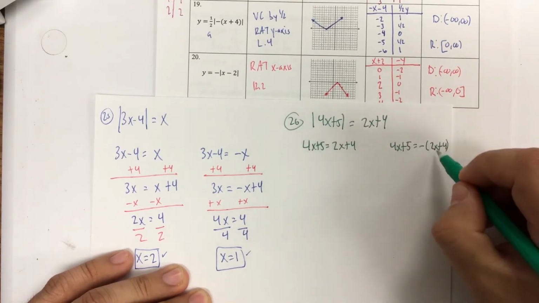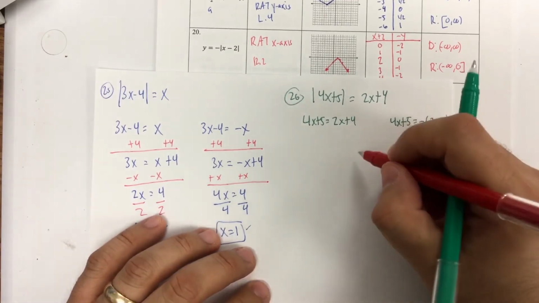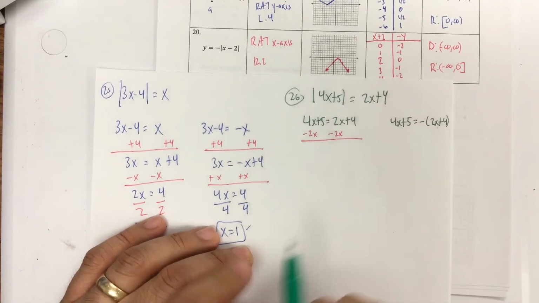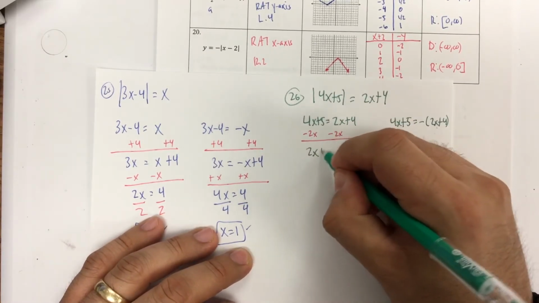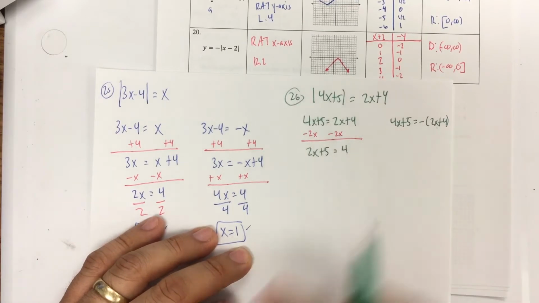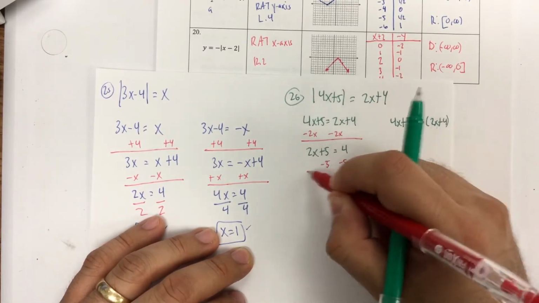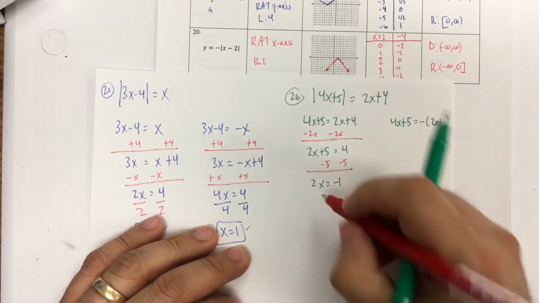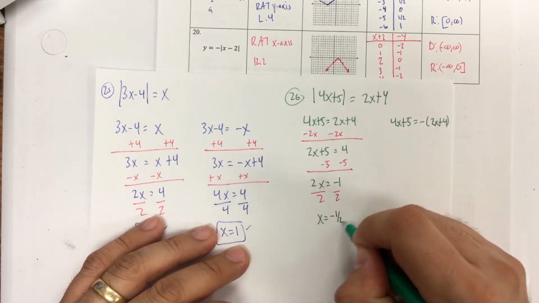So positive case, negative case. We'll work it out just like the other ones. We'll subtract my variable over to the left side first. So 4x minus 2x is 2x plus 5 is equal to 4. Then we're going to subtract the 5 to the other side, which gives us 2x is equal to negative 1. Last, we can divide both sides by 2, and x is equal to negative 1/2.